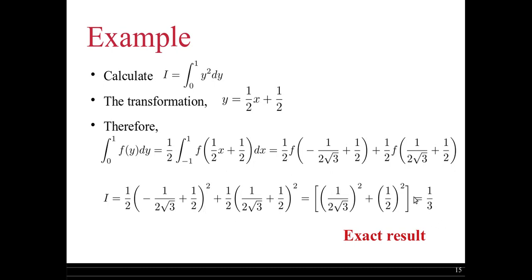You can check it with your pen and paper, and you can see this will give you the exact result. So this is a very powerful technique: if you use the Gauss-Legendre quadrature formula, then you can go up to a degree 2n-1 polynomial with only n points. So this is the exact result.